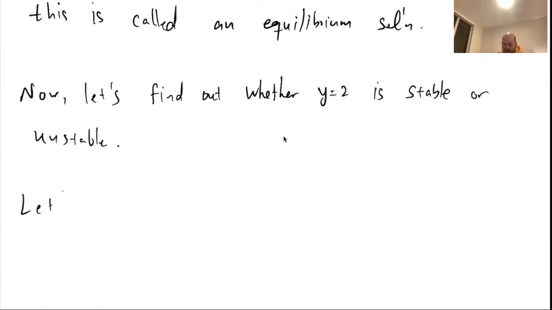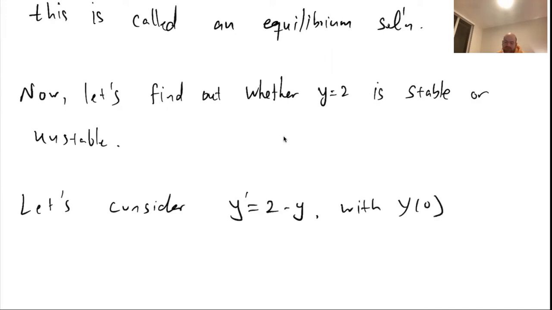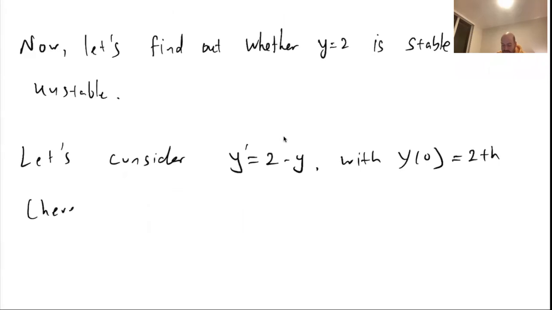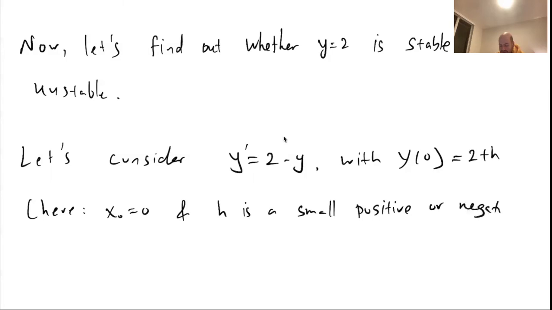So let's consider the same equation, y prime equals 2 minus y, this time with the initial condition, let's say, y of 0, and let's choose x0 to be 0, equal to, instead of 2, 2 plus h. So here x0 is 0 and h is a small positive or negative number.